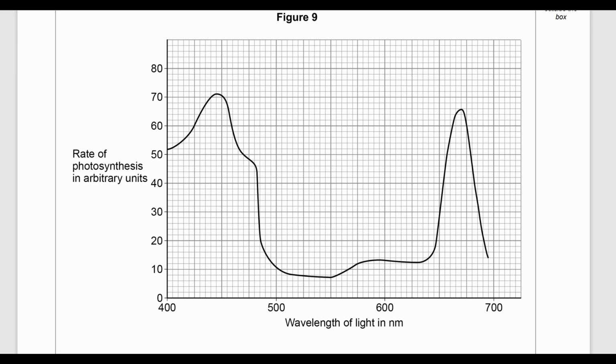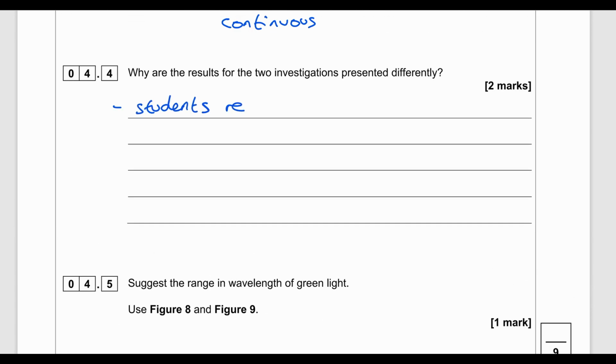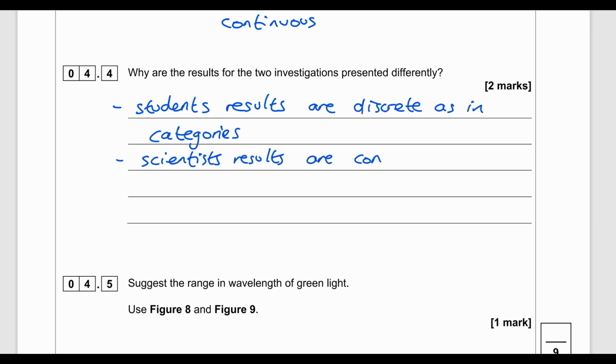Now here it's not in different categories because we can have any value between 400 and 500, 600 and 700. So that data is known as continuous data. So we just need to state that the student's results are in categories, so the discrete data. The scientist's results are continuous data.